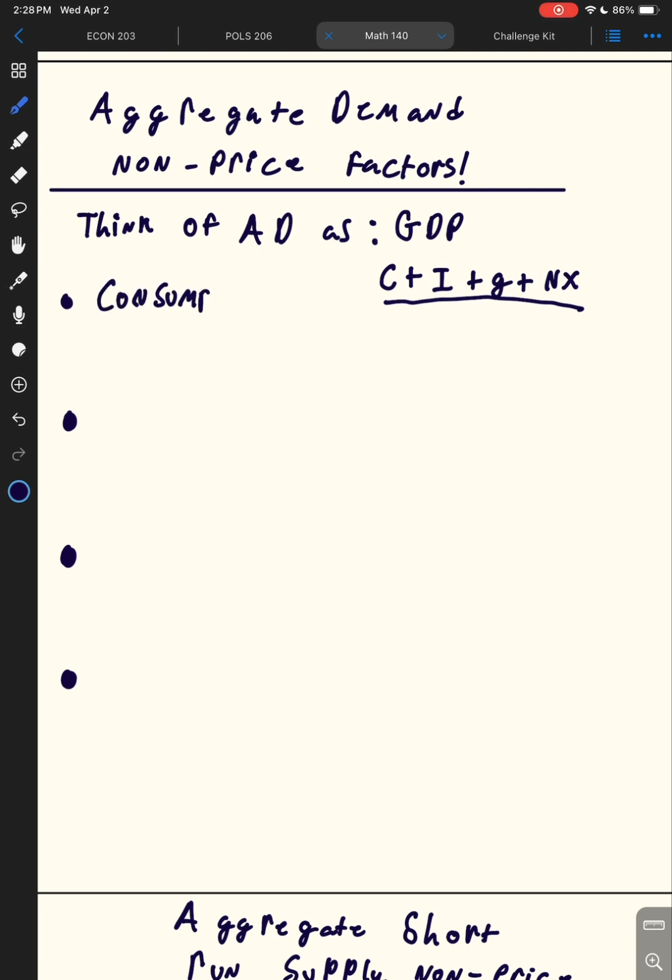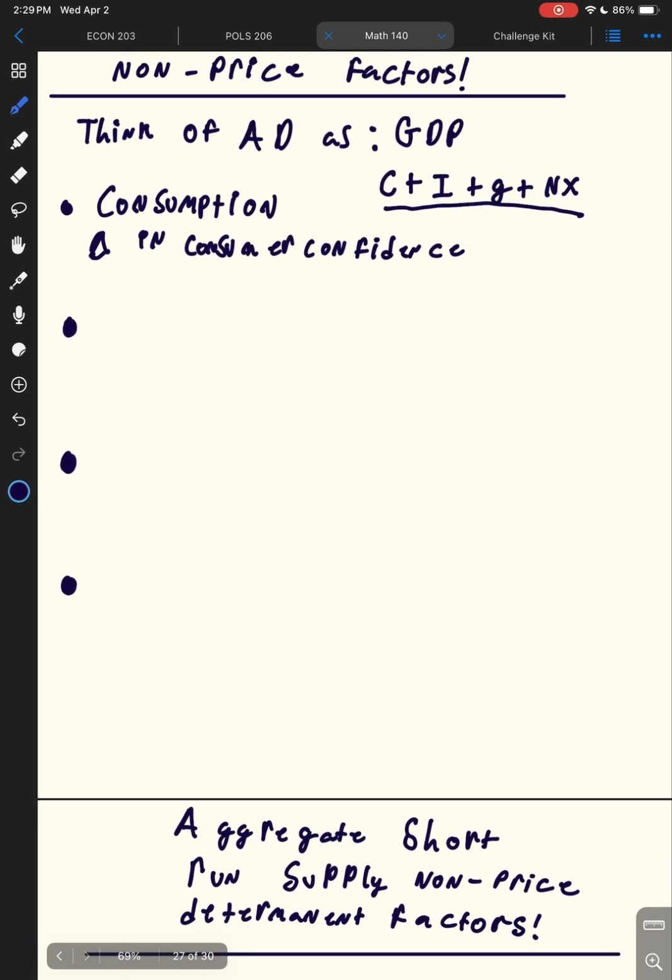So first thing we have is consumption, which can be many things like changes in consumer preferences. Consumer confidence. Along with changes in disposable income or even demographics and population group and those type of things.